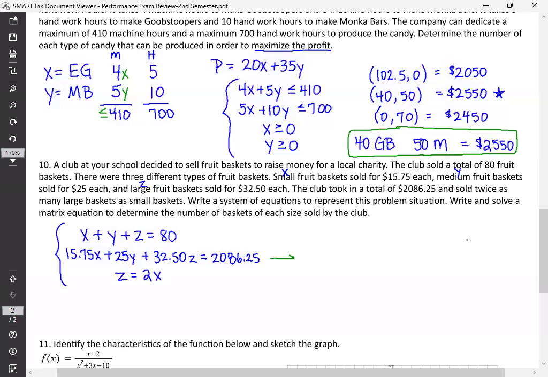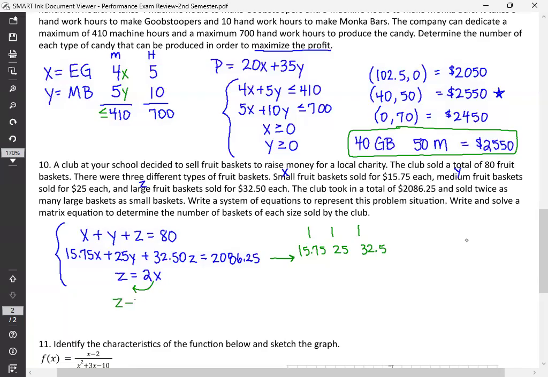So my matrix equation is just pulling out the coefficients. So I have 1, 1, 1, 14.75, 25, and 32.5. And then for that bottom equation, you've got to have all of your variables on the same side. So I'm going to move the 2x over by subtracting it.